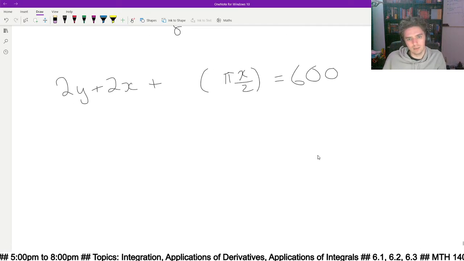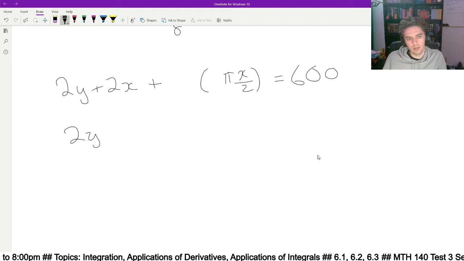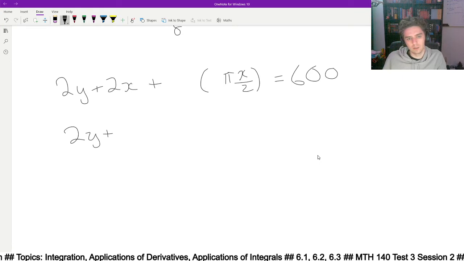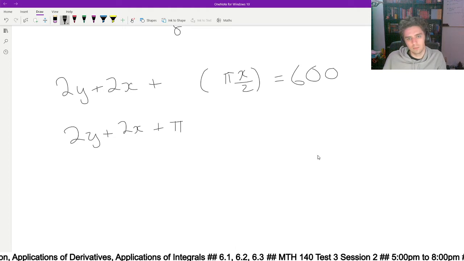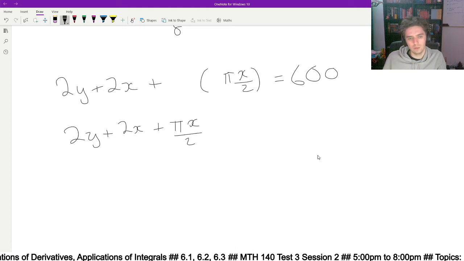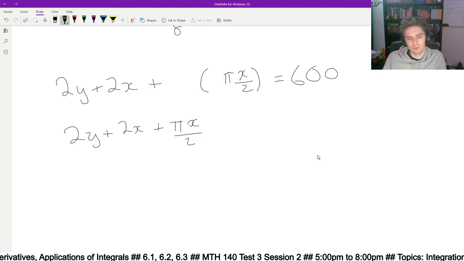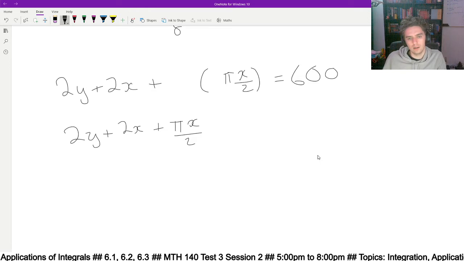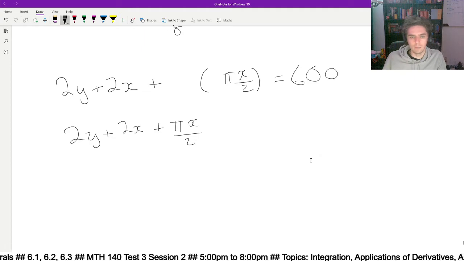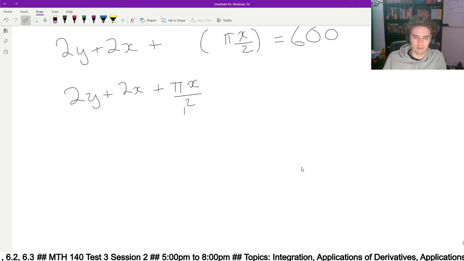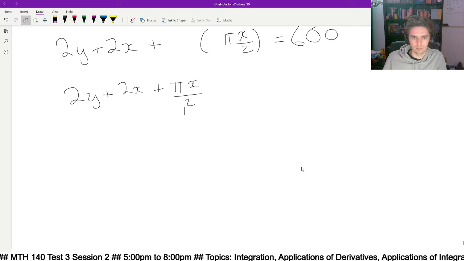So these cancel. 2y plus 2x plus pi x over 2. Okay. And so I can just multiply everything by 2, I guess.